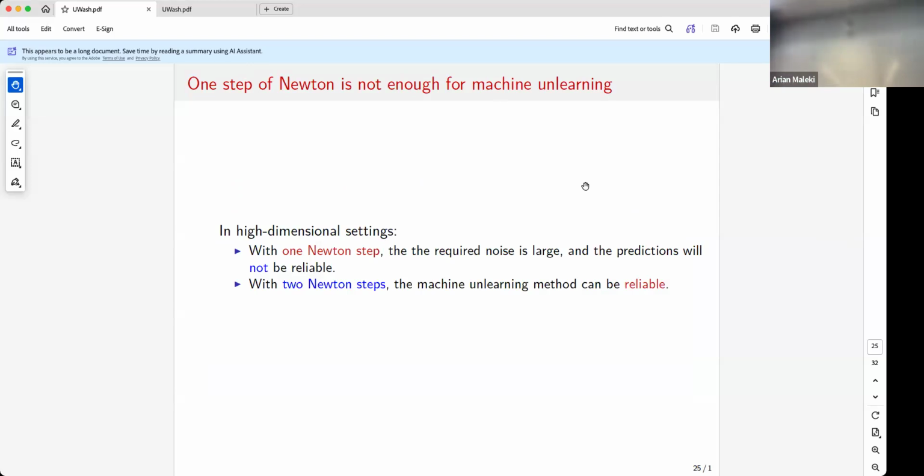However, if I start doing 2 Newton steps, at least the predictions are going to start becoming more reliable. So as soon as we add this privacy constraint, we need to do more computation. Now, of course, the more important question is, what is the trade-off between privacy constraint and computation? That's a bigger problem that we are hoping to answer later.